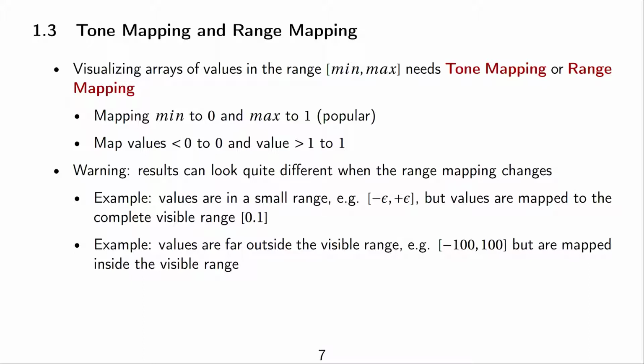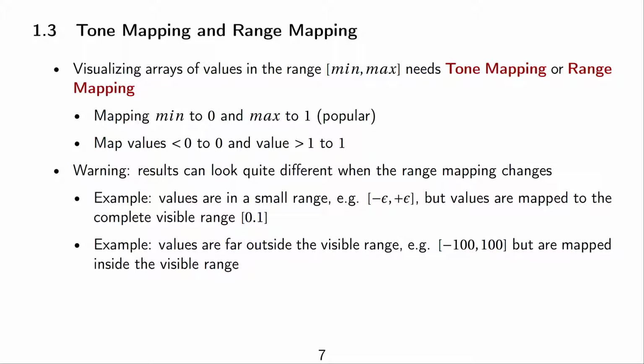One thing to consider is that there's this problem of tone mapping or range mapping whenever visualizing tensors of arbitrary values. So if we look at one particular tensor that is being output by a network at a particular layer, there will be values that range from some minimum to some maximum.